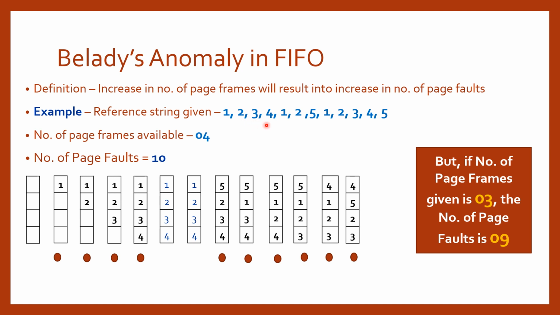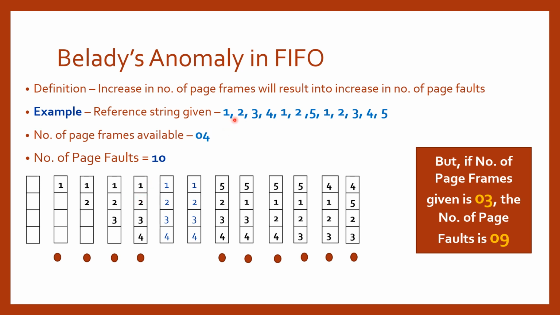Like in this example, if we try to solve it using 3 page frames, it gives us 9 page faults. But if we try to solve it using 4 page frames, it results in 10 page faults. So let's see how, with 4 page frames available, it gives 10 page faults.